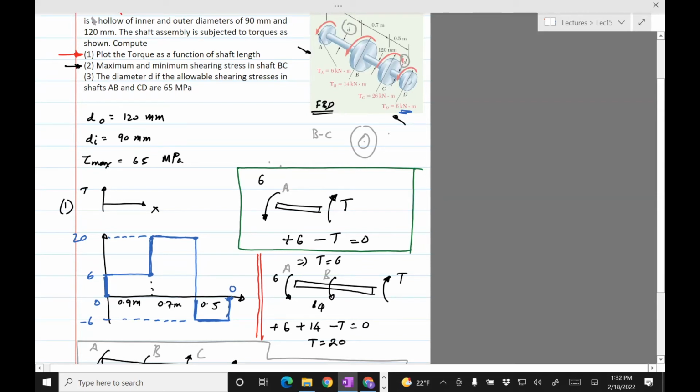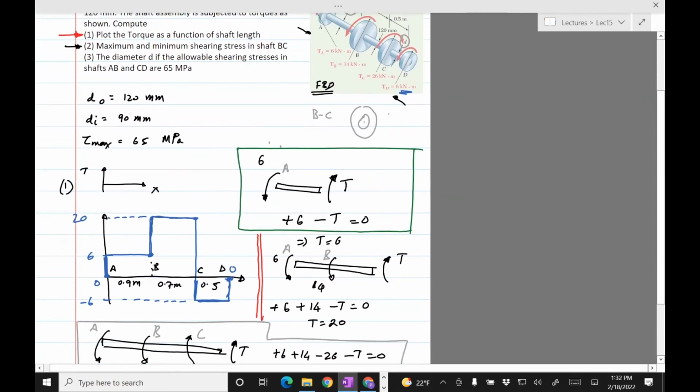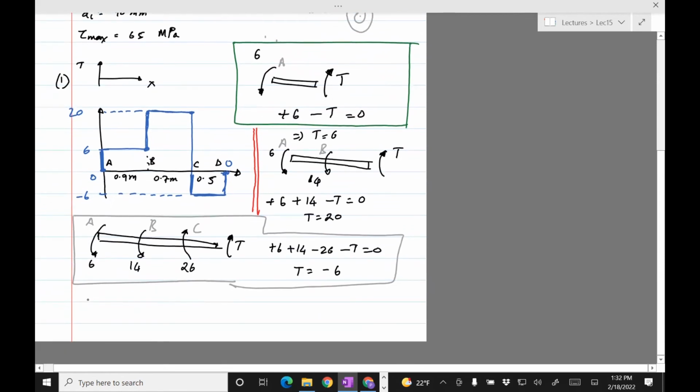Just because the torque is maximum between B and C, I should put it down here, A, B, C, and D, just because the torque is maximum between B and C doesn't mean that the shear stress is maximum at B and C. That's because if you look at the formula for maximum stress, it's T R or TC divided by J. Okay, so you would think that it's maximum when T is maximum, but that's not true because it also depends on J and C.